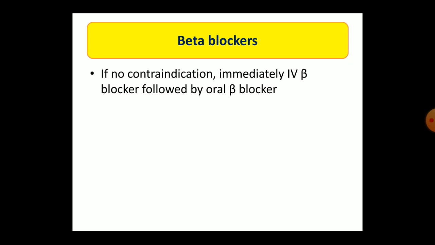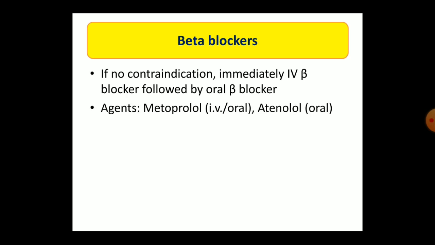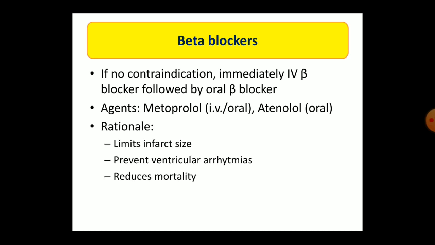Now you think, which are the contraindications for the beta blocker? If the patient has significant bradycardia or even heart block, then you cannot give the beta blocker. Now, the agents: metoprolol is available as intravenous as well as oral, while atenolol is available as oral. So initially you can start with IV metoprolol, and later on you can switch over to either metoprolol or atenolol.